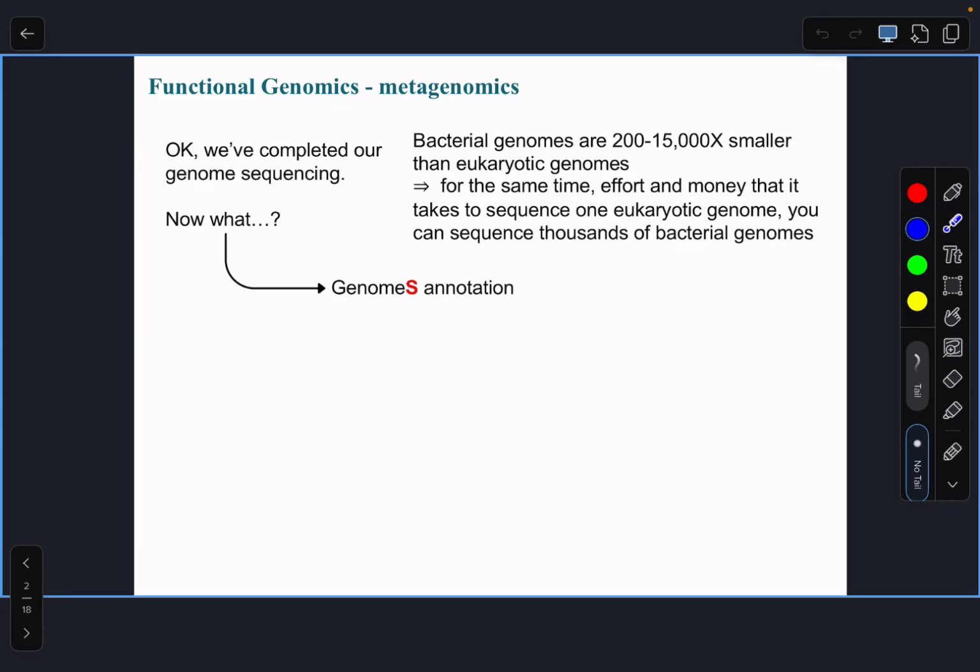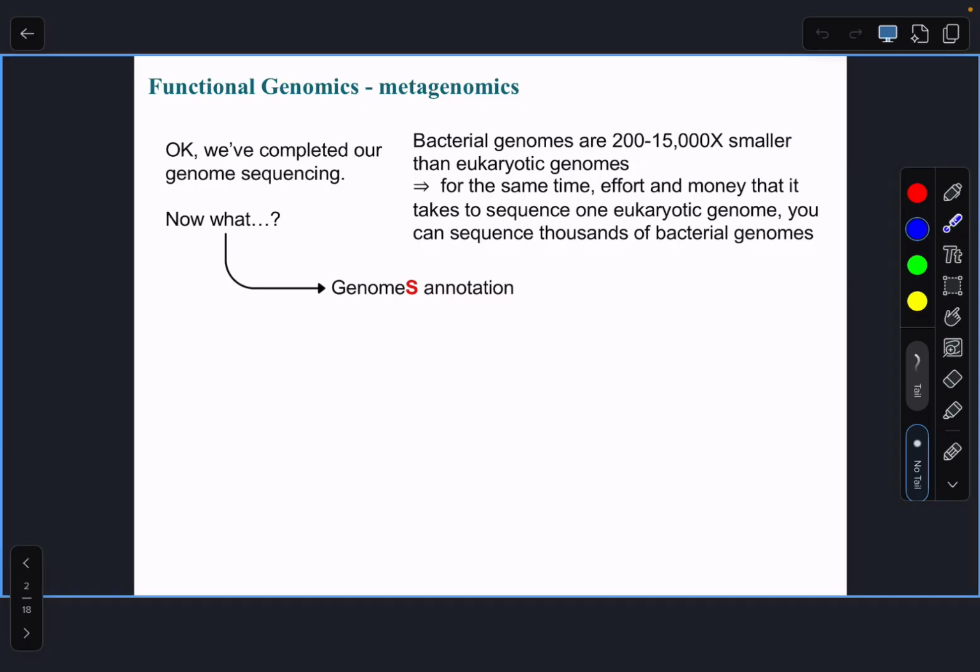The idea is as follows. Bacterial genomes are approximately anywhere between 2 and 5 thousand times smaller than eukaryotic genomes. So it's simple math. If in a couple of days you can sequence a eukaryotic genome, in a couple of days you should be able to sequence thousands of bacterial genomes.